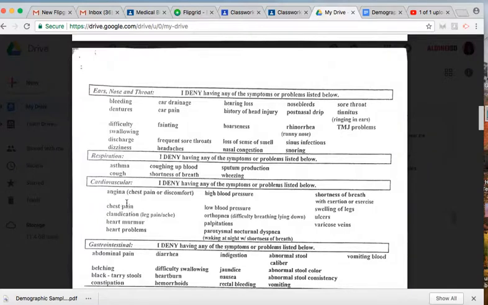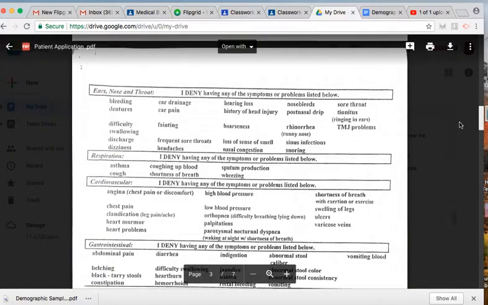Under cardiovascular, you have chest pain and you also have shortness of breath again. So it's going to take you a little time to go through these and read them to make sure that you're not leaving anything out. What I also want to point out to you is that if there is something that is not on the application, you are free to add it.